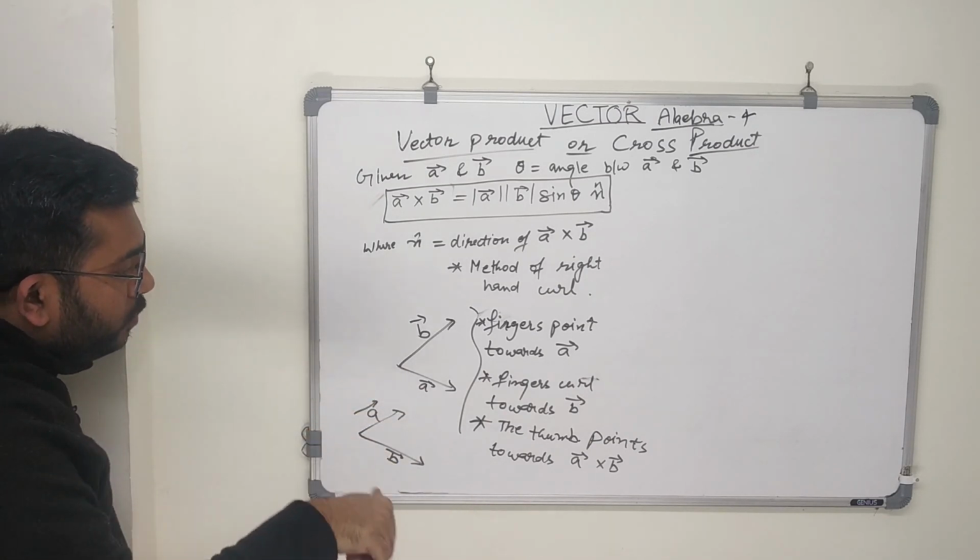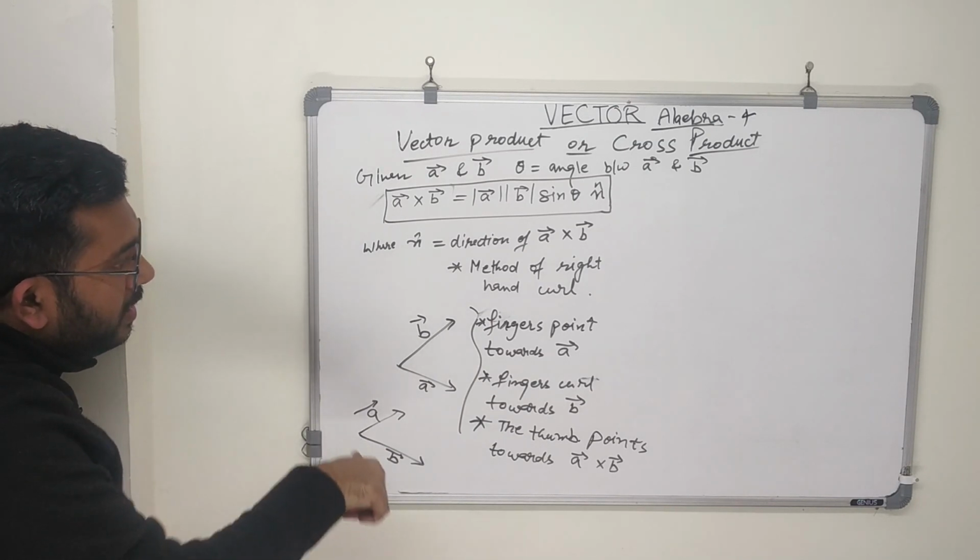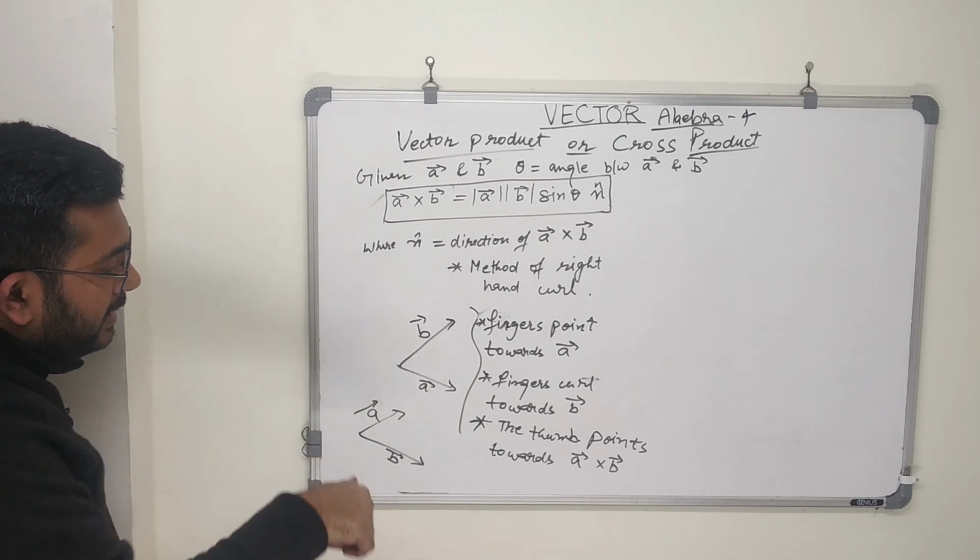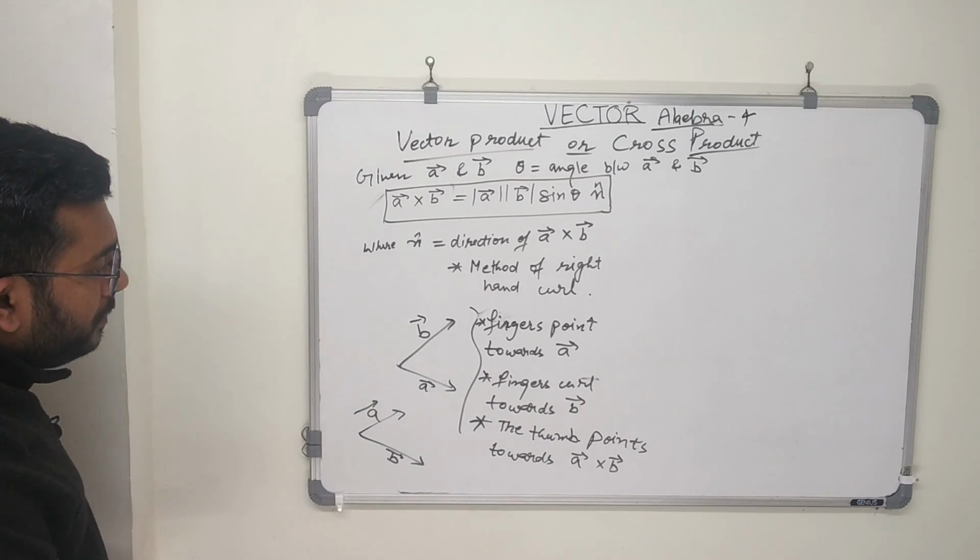Then the thumb is going to point towards the A vector cross B vector, that is inwards in the board.